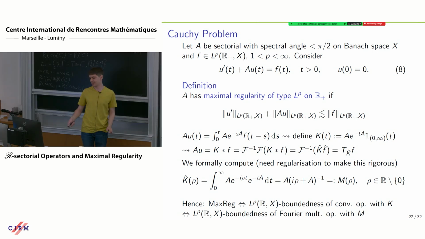So let's maybe comment, why is this only a formal computation? This is because, as we have already mentioned in the introduction, this function k here might behave like 1 over t at the origin. So it might not be a locally integrable function. So one needs some regularization to make all these computations rigorous, but this can be done.